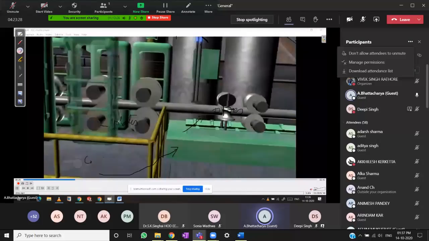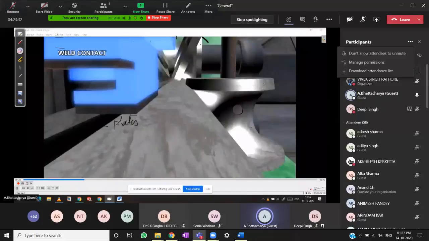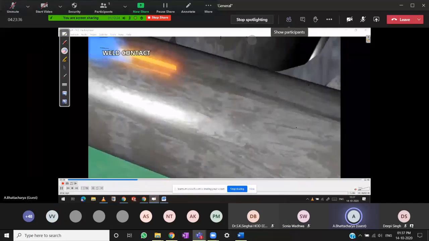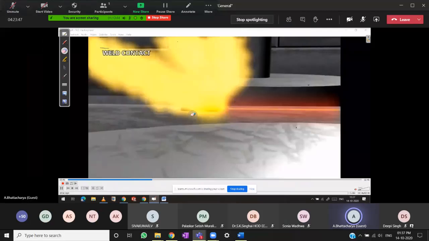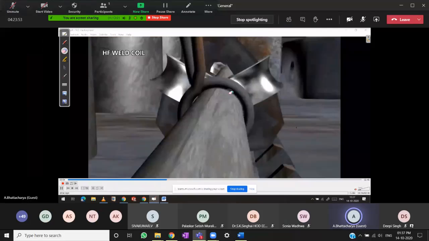After it is completely formed, high frequency electric current is applied, which then joins the seam. You can see, and a pipe is formed. You can see. So this is called electric resistance welding. So this is done in Rourkela steel plant.